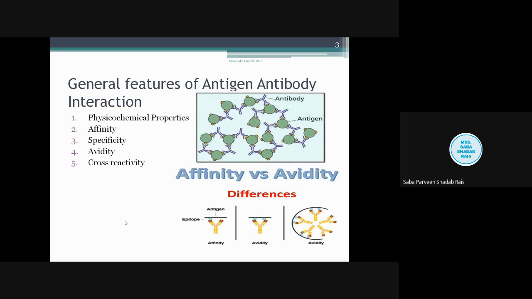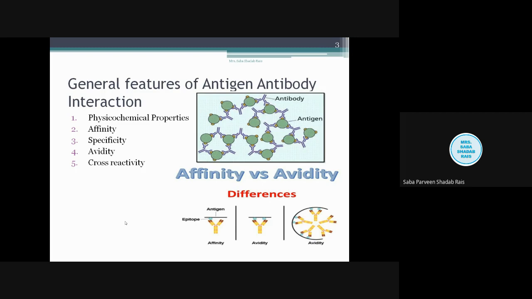Although antigen antibody reactions are highly specific, sometimes the antibody elicited by an antigen can cross react with an unrelated antigen. This cross reactivity occurs if two different antigens have an identical or very similar epitope. So it is expected that although their versions and strains are different, this epitopic region may have some similarity.